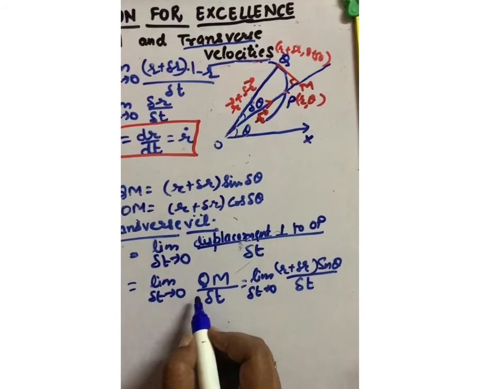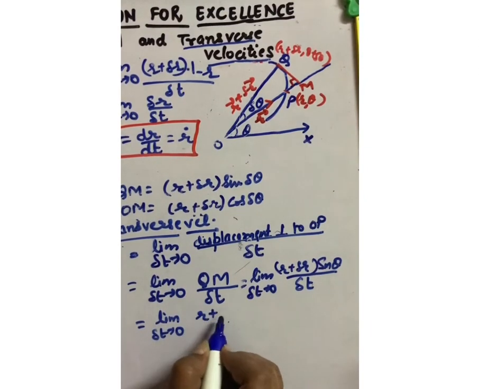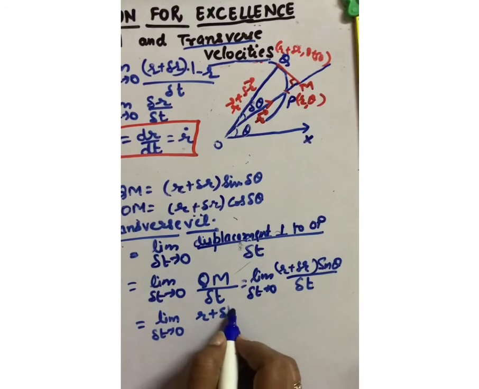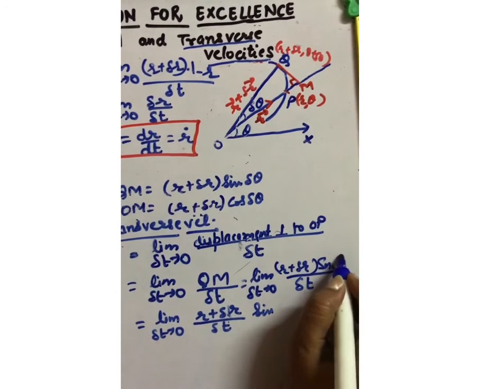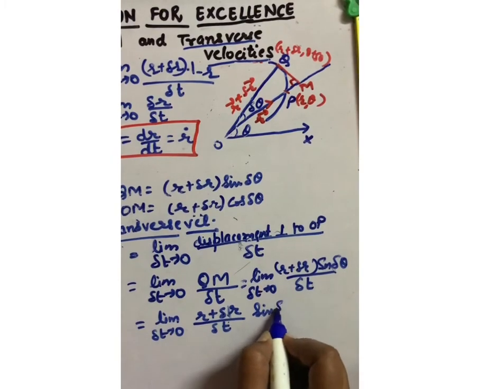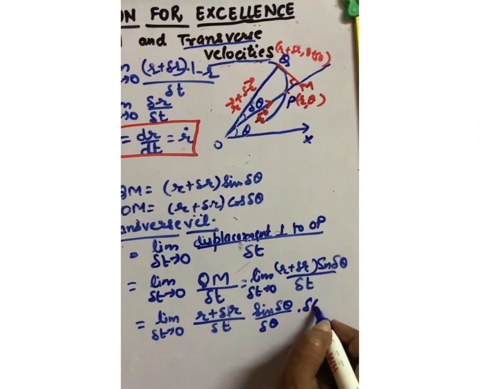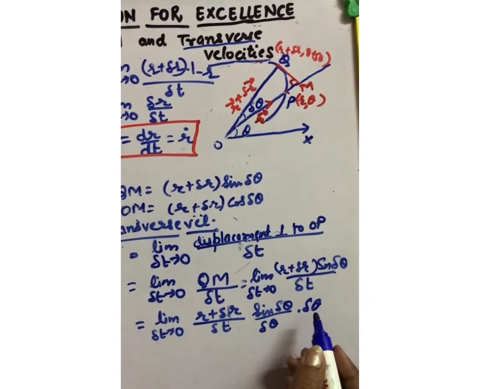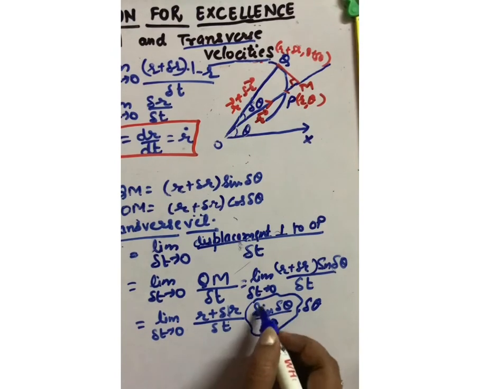So now this will become limit delta t tends to 0, R plus delta R by delta t sine delta theta we take here. So sine delta theta by delta theta into delta theta. We will multiply and divide by delta theta. So now when you put the limit, as delta theta is very small, this sine delta theta by delta theta will become 1.